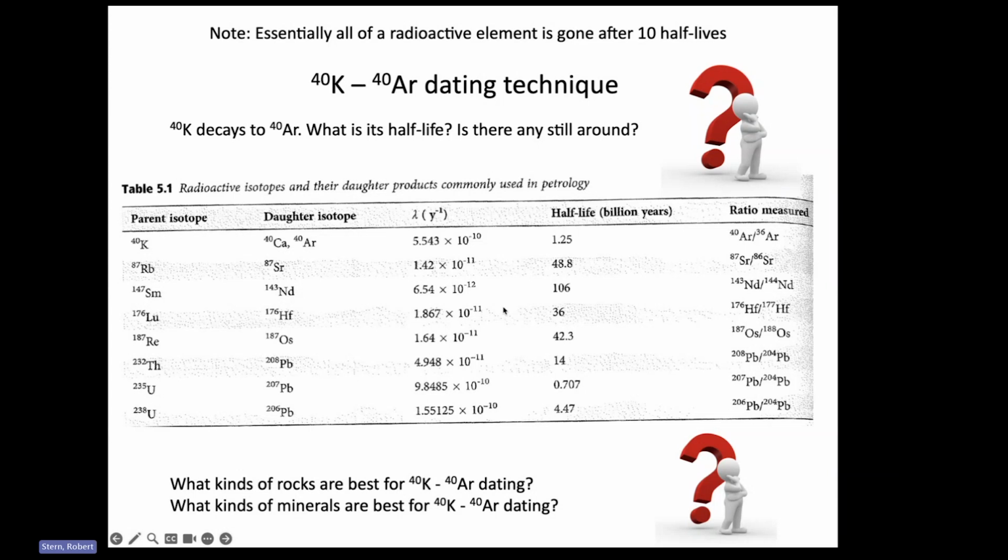These are very difficult to date any other way because often, especially basalts, they don't have any zircon in them. But yes, biotite and hornblende contain potassium, and the rocks that contain them are good.